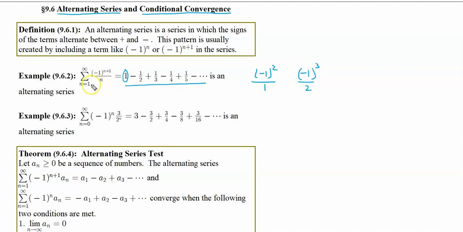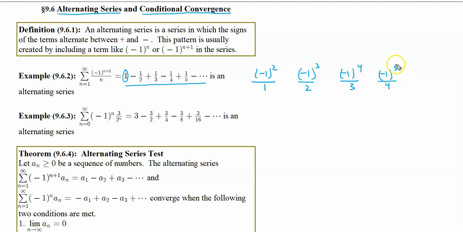Then if you put 3 in for the n here, you get (-1)^4 over 3. (-1)^4 is +1, so you get +1/3. And let's do one more. If you put 4 in for the n, you get (-1)^5 over 4.